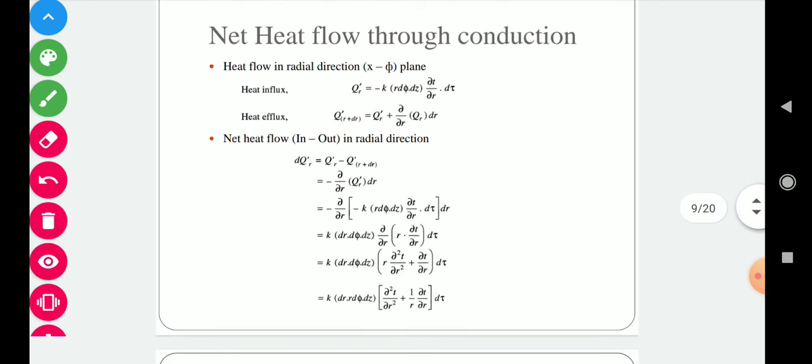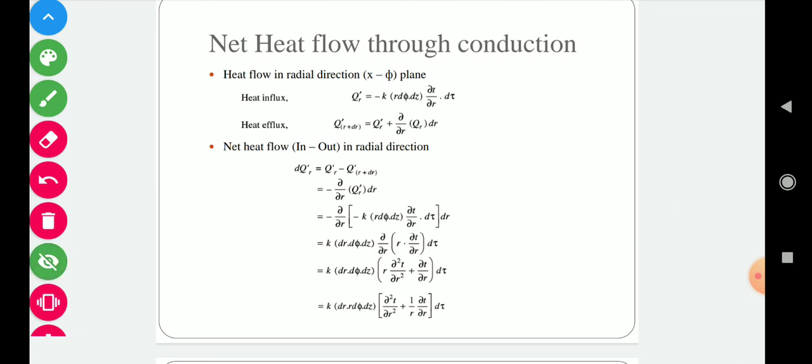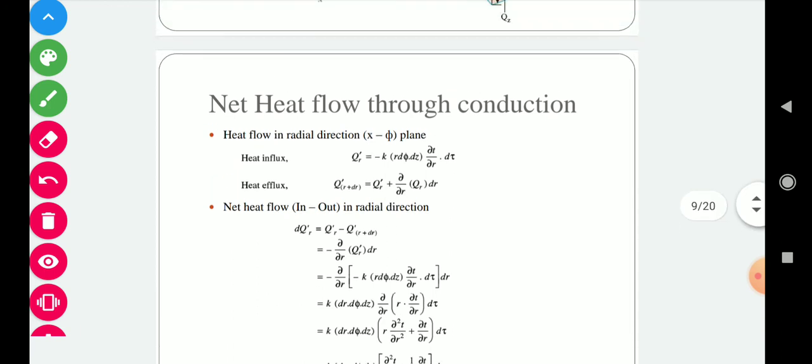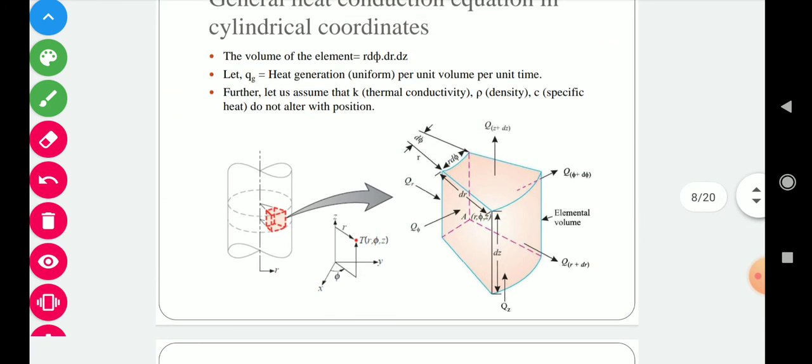If we apply an energy balance on all three faces, first of all we consider the r face. In that case Q will be equal to k into area. If we assume the r face, the area will be this area, whose length is r d phi and height is dz.